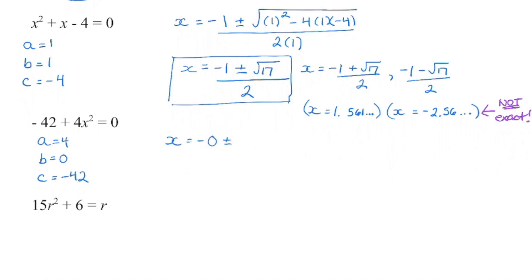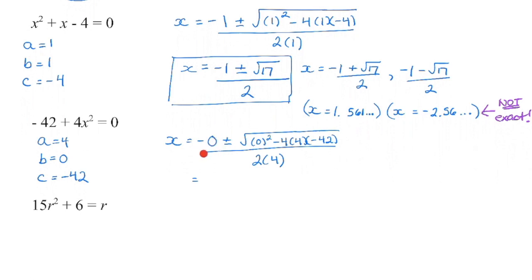Plus or minus the square root, and again, b, we're going to put in brackets, squared, minus 4 times the value of a times the value of c, and we're going to divide that by 2 times the value of a.